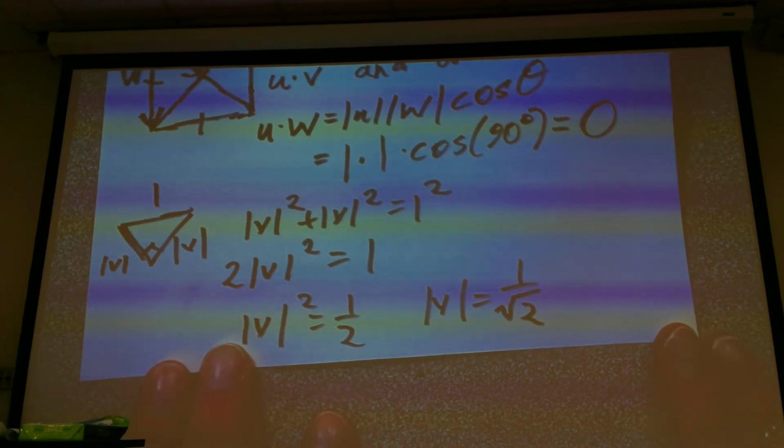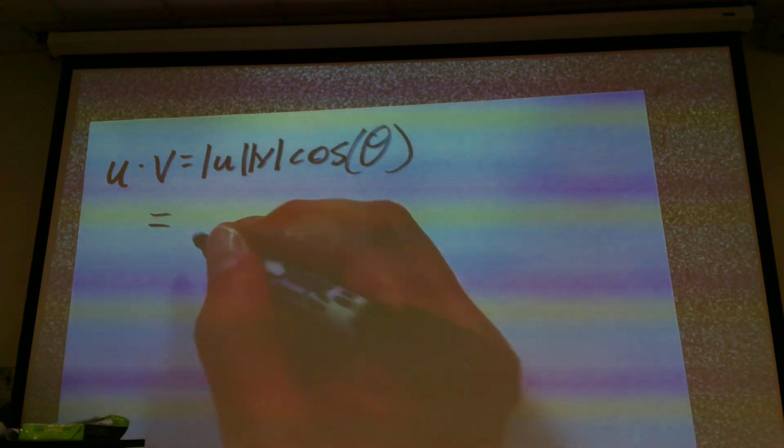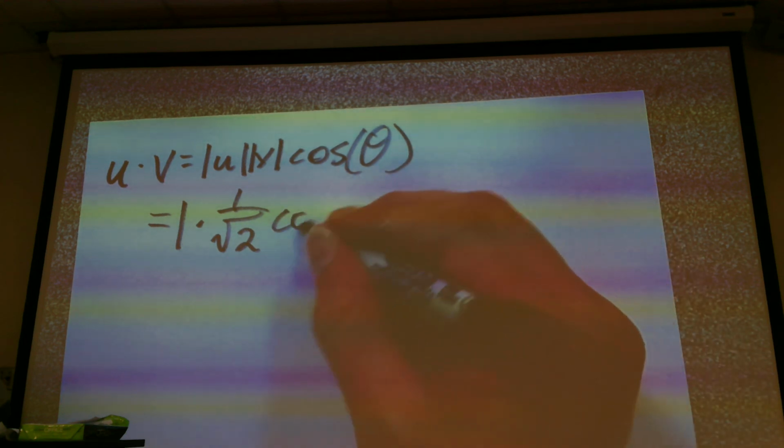Okay, so I've got the magnitude of U, the magnitude of V, and I know the angle. So U dot V equals the magnitude of U times the magnitude of V times cosine of theta, which is going to equal 1 multiplied by 1 divided by the square root of 2, and cosine of 45 degrees.